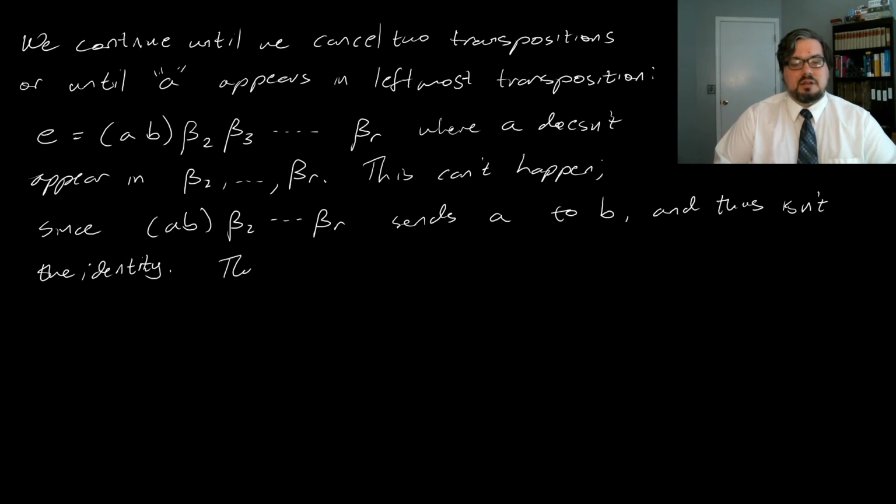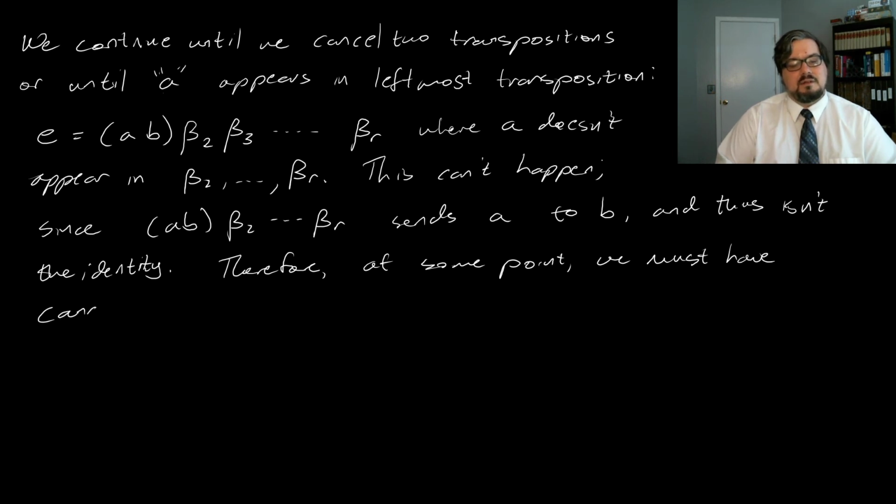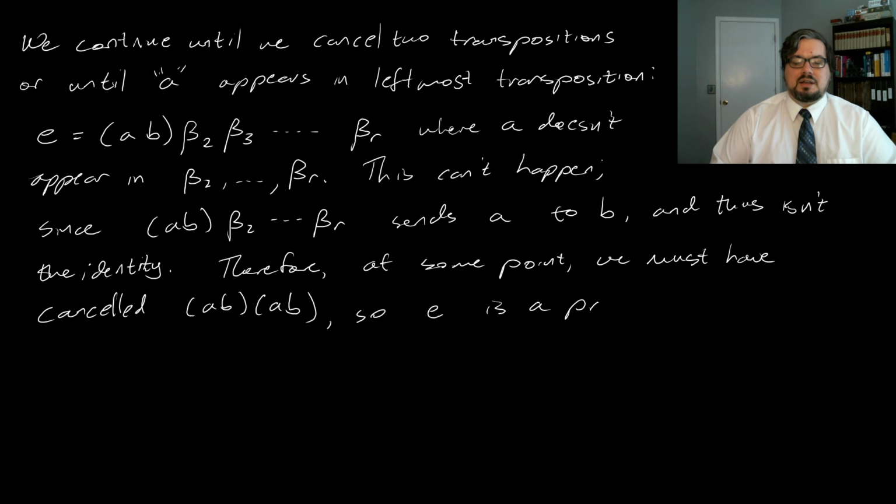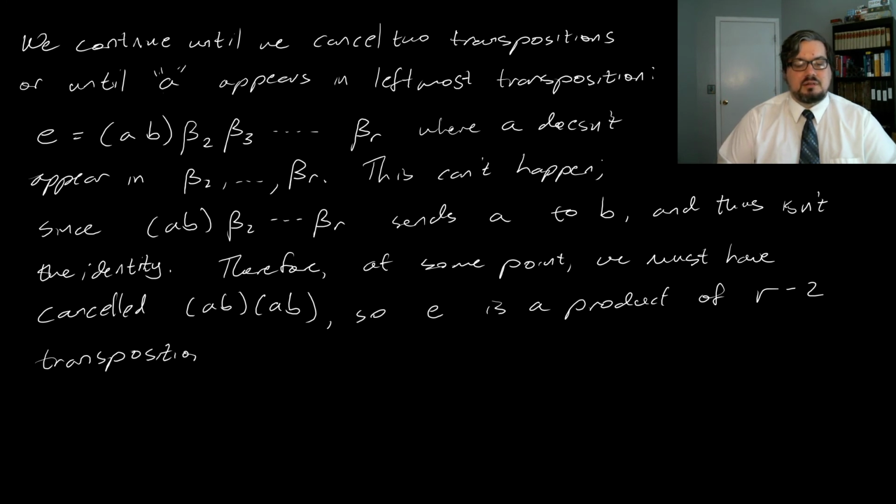Therefore, at some point, we must have canceled an AB, AB. So that means that we have that the identity is a product, again, of R minus 2 transpositions. And just like before, that means that R is even.